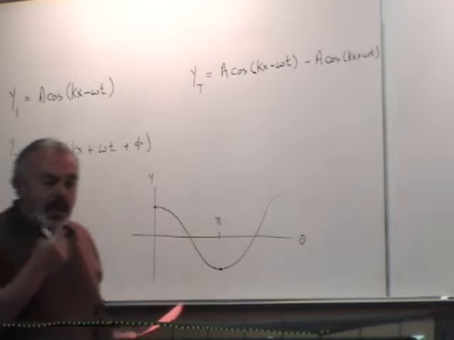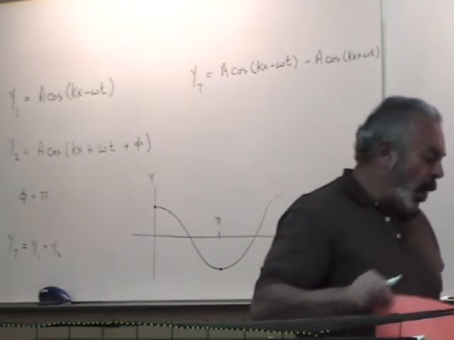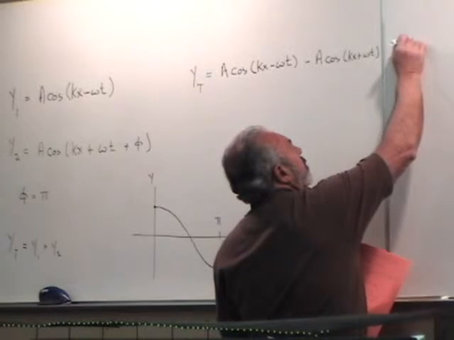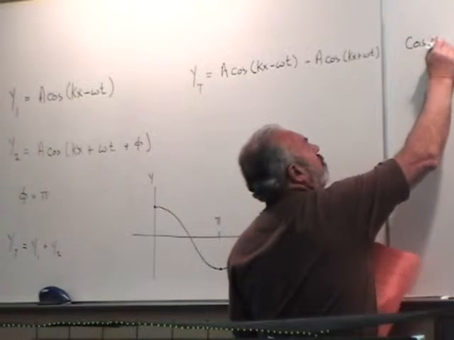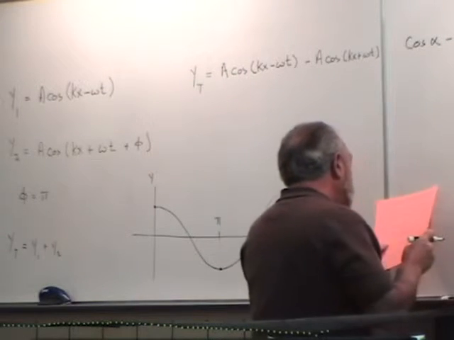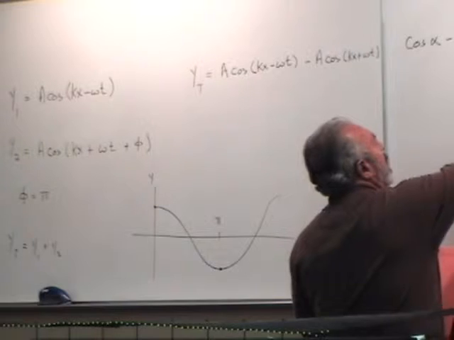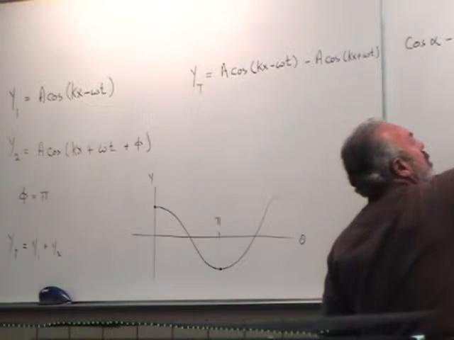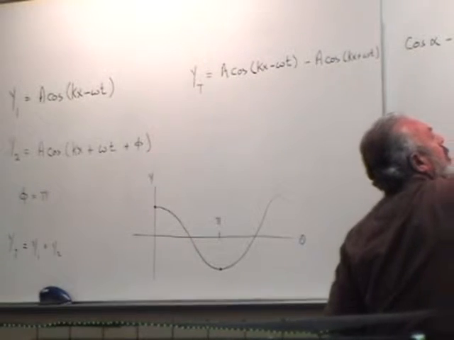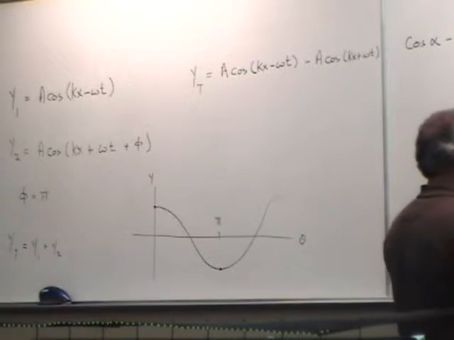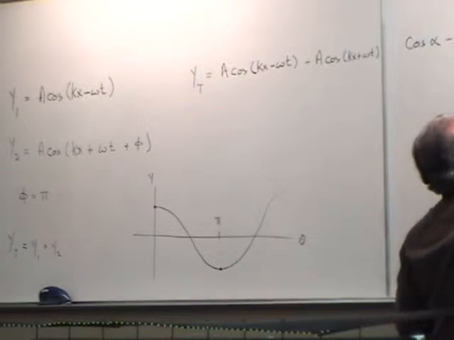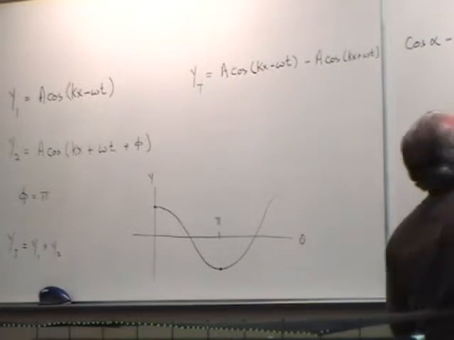Beautiful. It's beautiful because when you look back in your appendices, I never remember this one: cos alpha minus cos beta is equal to 2 times sine alpha plus beta over 2 times the sine of beta minus alpha over 2.